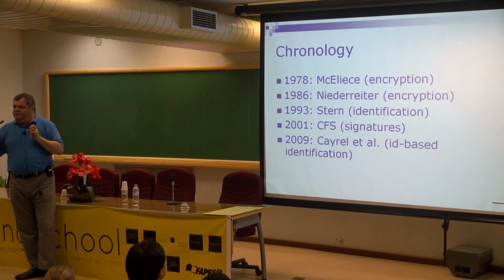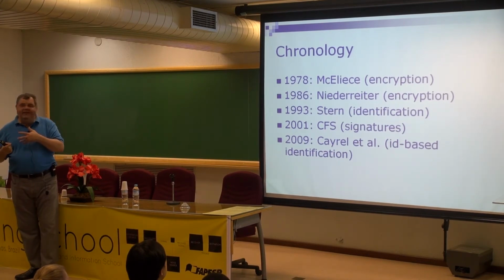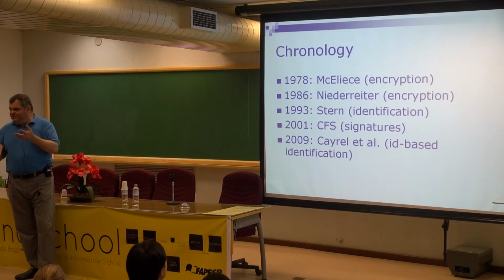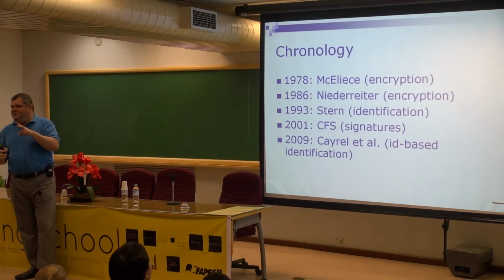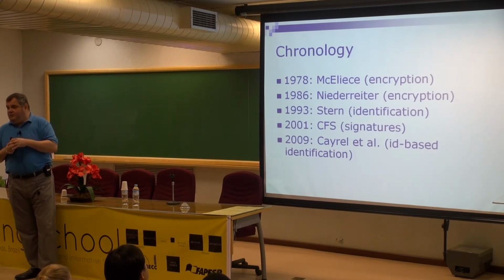We cannot choose what the public key will look like. When we talk about identity-based cryptography in general, it's exactly the opposite. We choose what the public key is. It could be, for instance, an email. That is a user's public key.